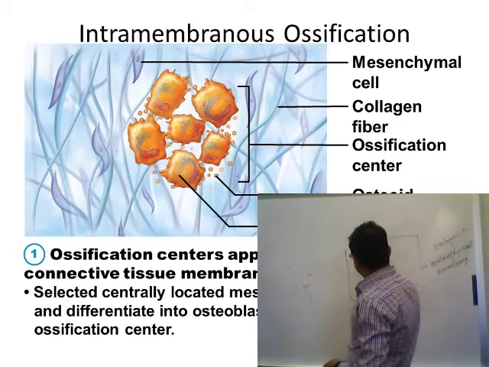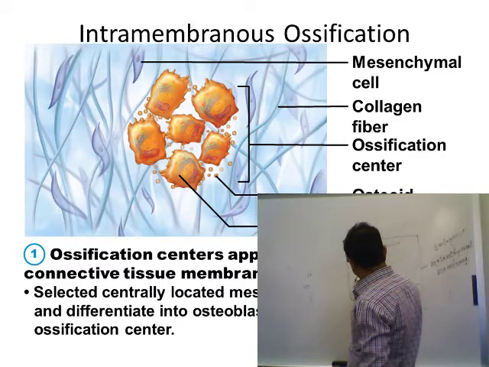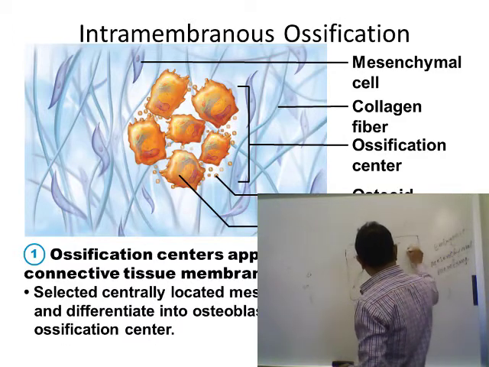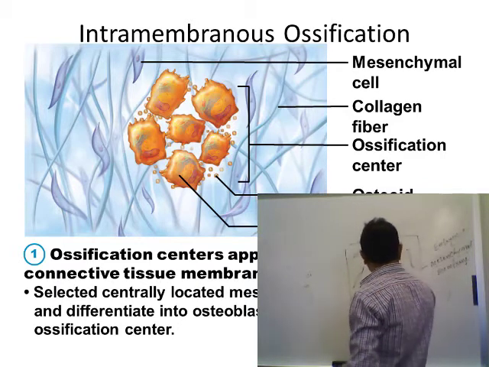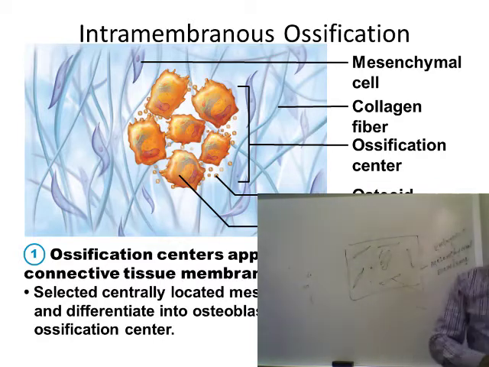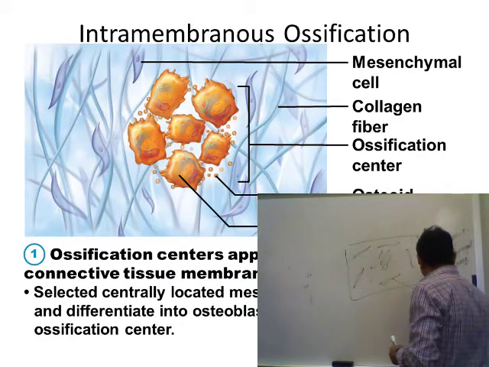First, we know that in connective tissue, mesenchyme is embryonic connective tissue, has fibroblasts. So these are the fibroblasts. So first, the mesenchymal membrane has fibroblasts.